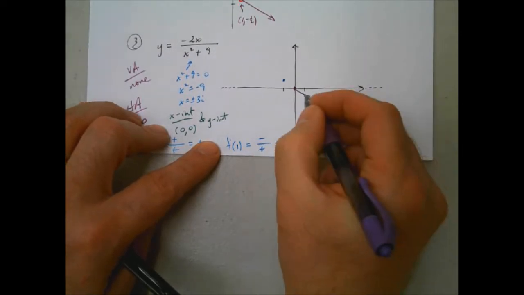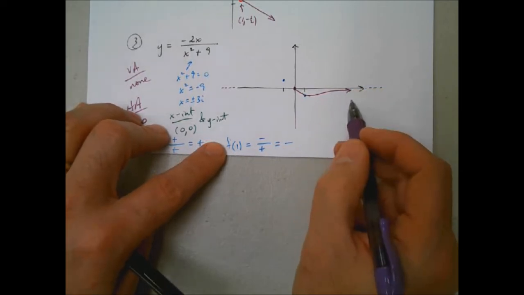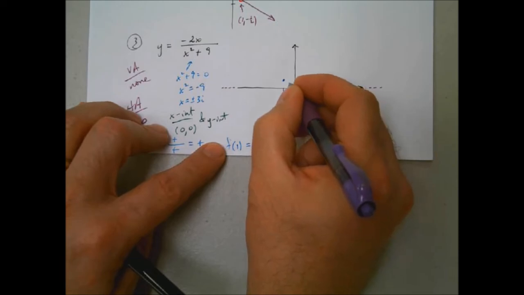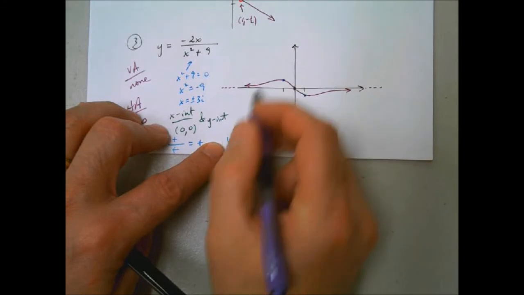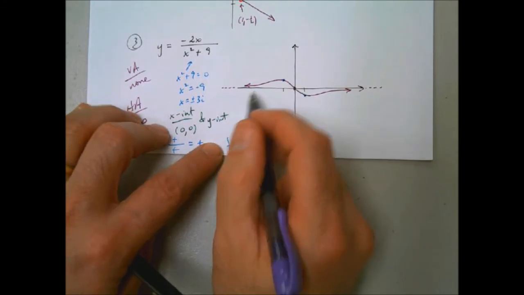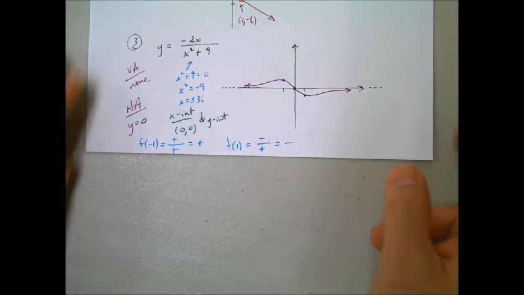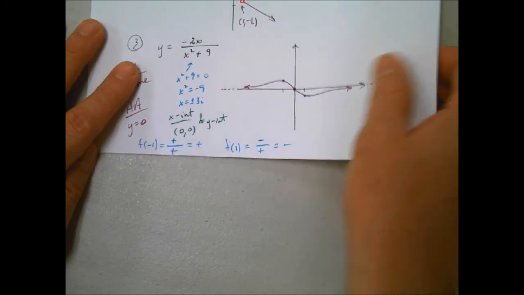So as I go to the right, it has to go through that point, but then come back to the x-axis and go to elevation 0 from the bottom side. As I go to the left, it goes through that point and then goes to elevation 0 from the top side. So there is that graph. That's kind of an interesting one too.